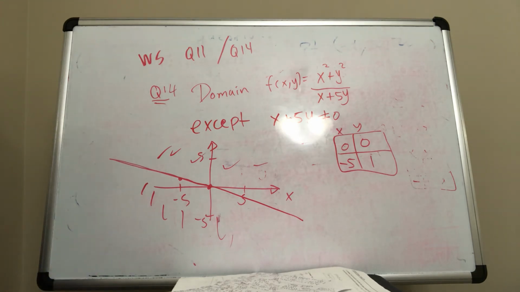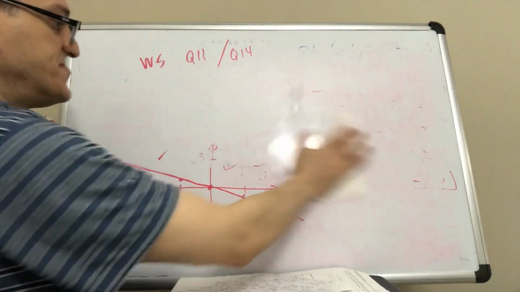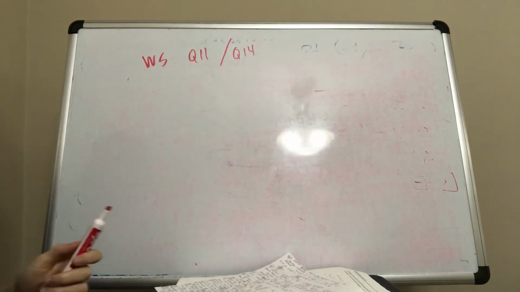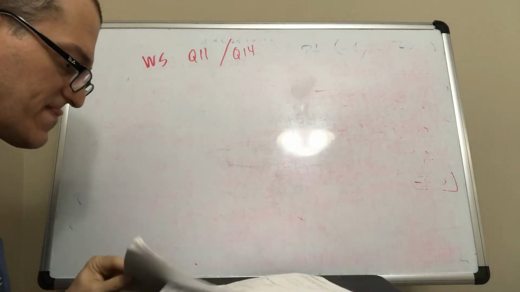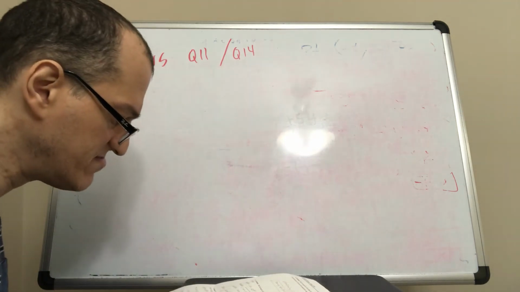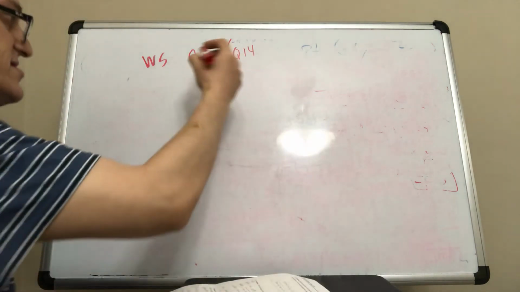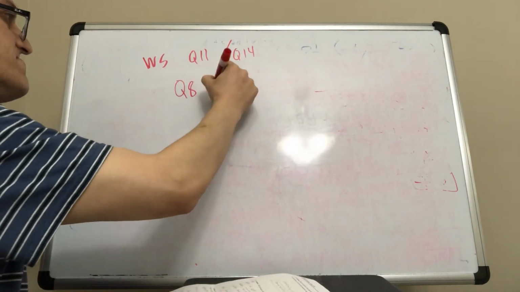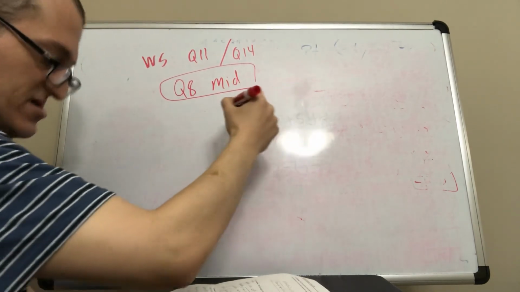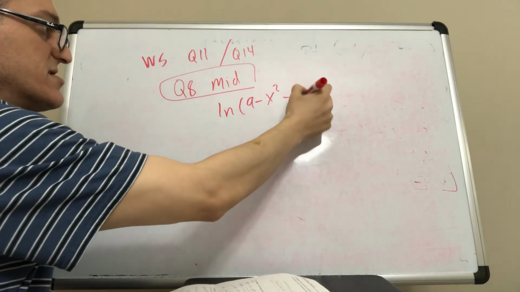I'll do the domain question from the midterm review. The domain question from the midterm review was question number 8 from your midterm. Domain for ln of 9 minus x squared minus y.